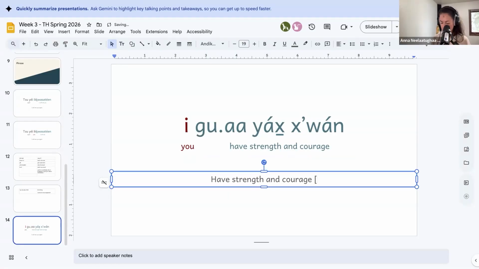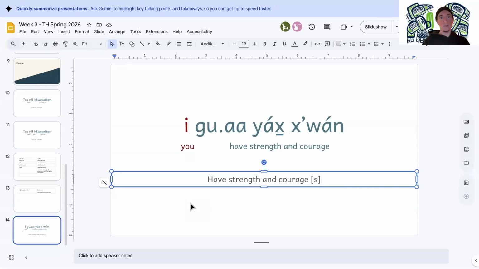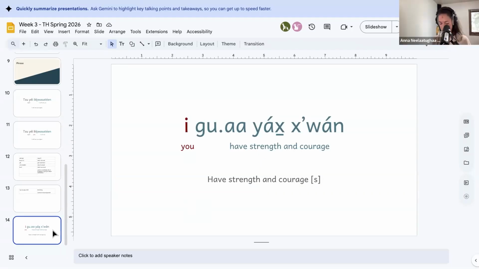So like Shirley said, to note that you're talking to one person and I'm saying you, I put a little s in brackets here. That means singular. And so if you're talking to one person, you say iko ayach kwan. So repeat after me. Iko ayach kwan. Juan. Good.